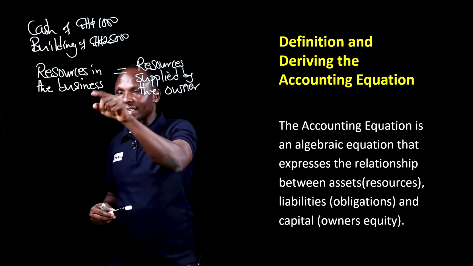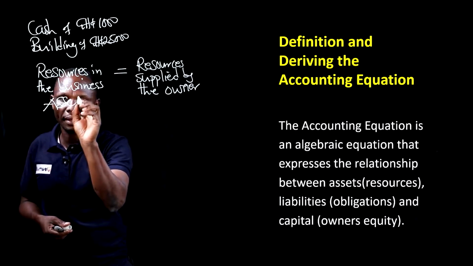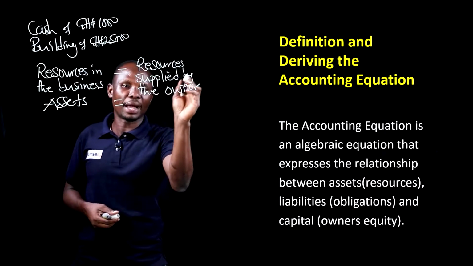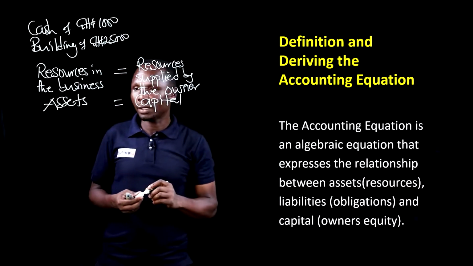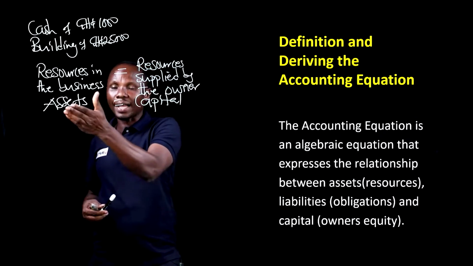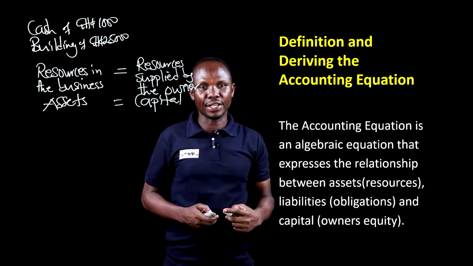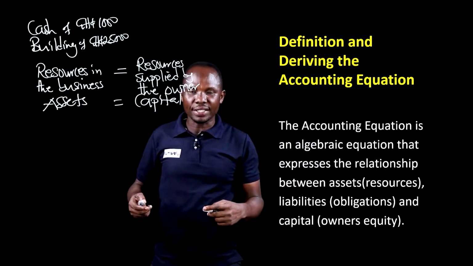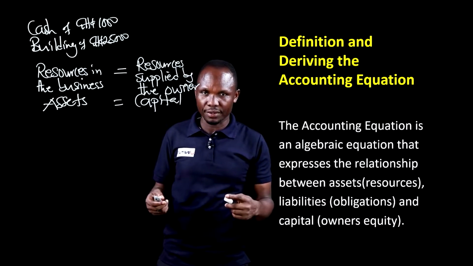The resources that are in the business are what we call assets. And the resources supplied by the owner is what we call capital. So it means that asset is equal to capital. This is the accounting equation, if the owner is the only person who provided all the resources.